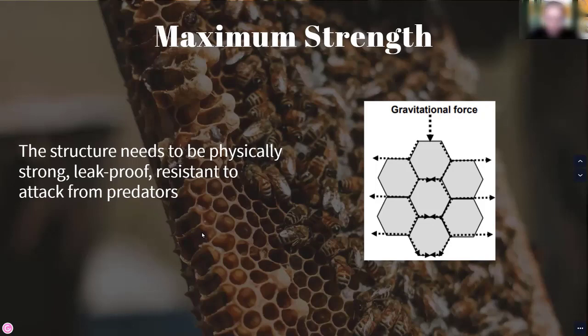I mean, it's something like a jar. You are closing it. It's safe there. So it becomes leak-proof also. They are using the shape which is not only the most economical, but also the strongest one. So that's another reason.